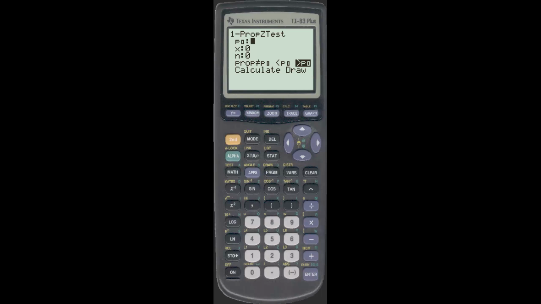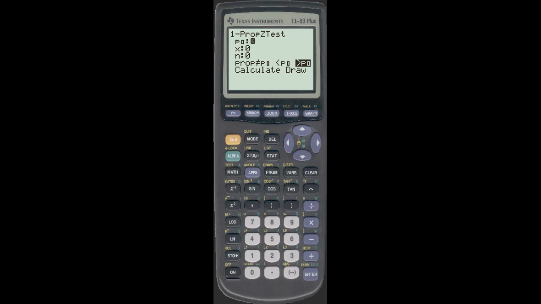Your p naught is 0.5, because it's like, is it more than a coin toss? Do you have bias one way or the other?